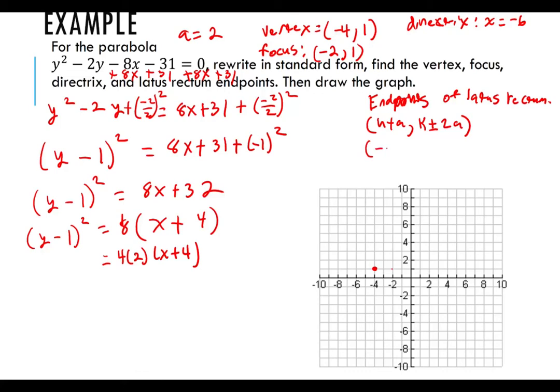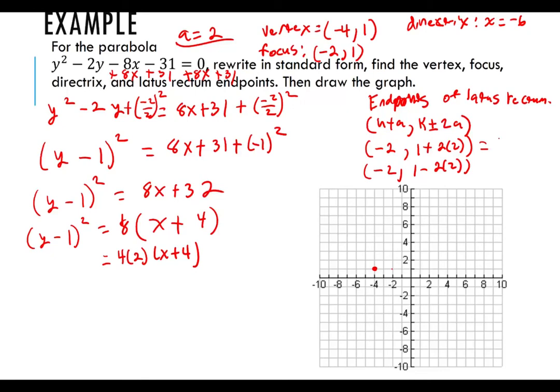Well, h plus a is negative 2, right? But then k, that's going to be 1 plus 2 times 2, right? Because a is 2. So that's going to be 1 plus 2 times 2, and negative 2, 1 minus 2 times 2.